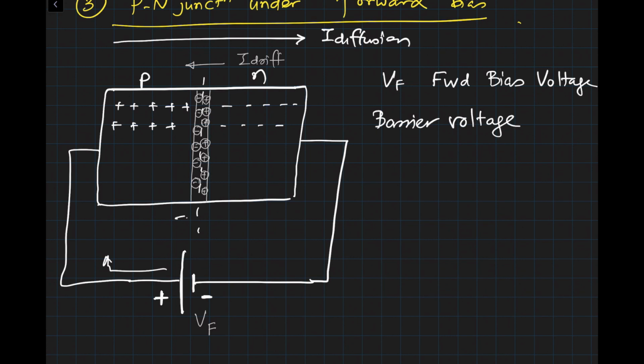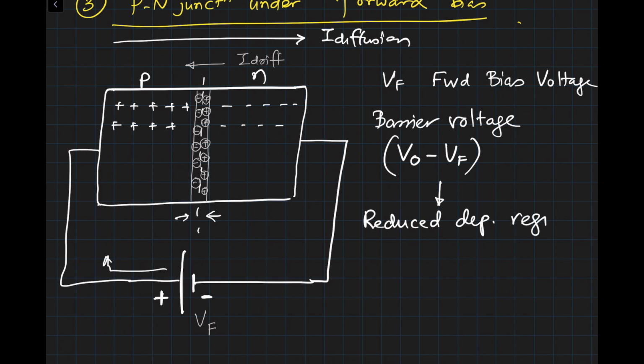The barrier voltage is here at the interface. That would change from V0 to V0 minus VF. And we will also see reduced depletion region width.